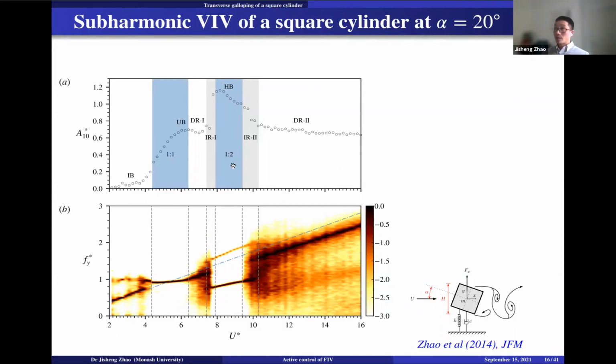There was a 2-2S mode. For a circular cylinder, you have the initial branch, you have two single vortices shed per cycle, and in this case, because of the subharmonic frequencies, it then sheds two times 2S mode.